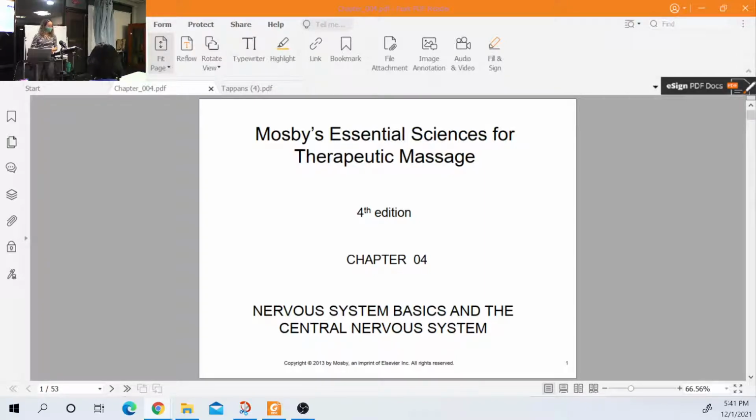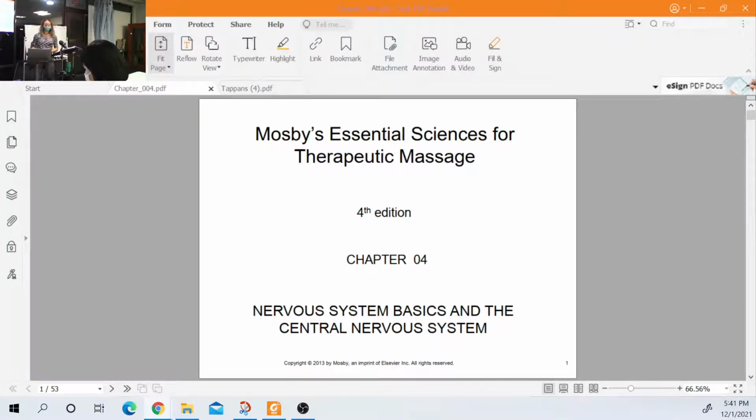Okay, so the nervous system mainly utilizes what's called neurotransmitters, and these are just chemicals that are able to cross over a synapse, and the synapse is just a break in the gap between the two nerves, the neurons.